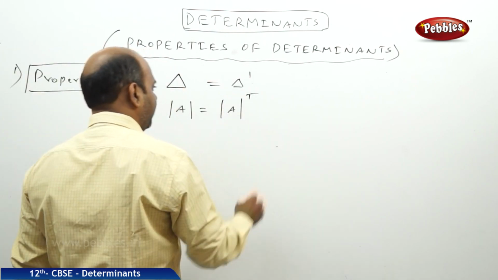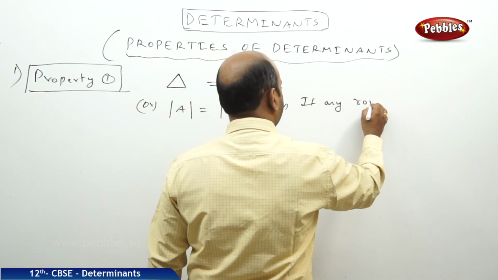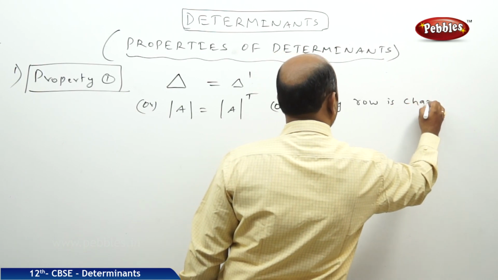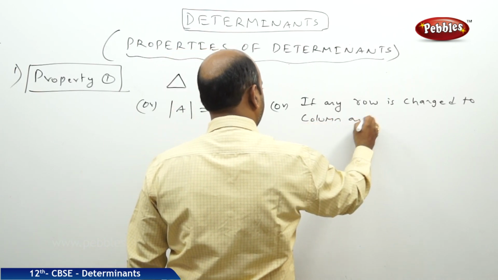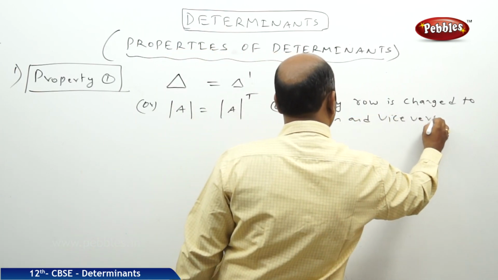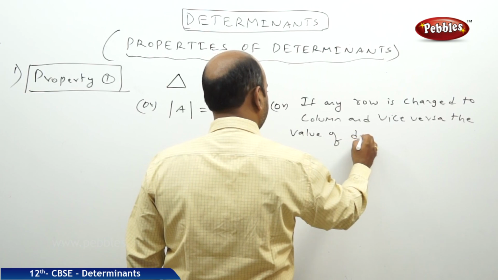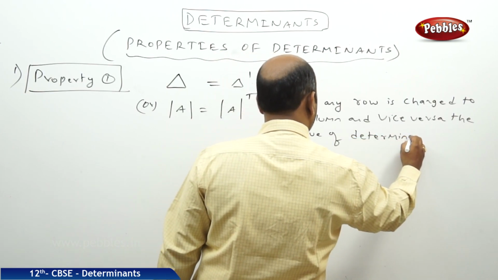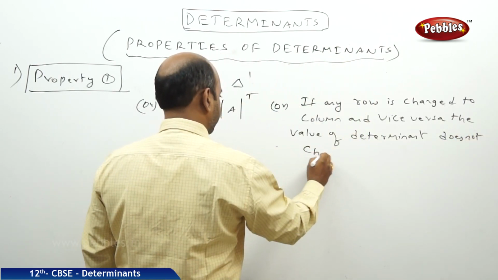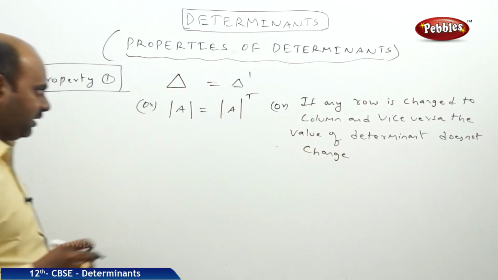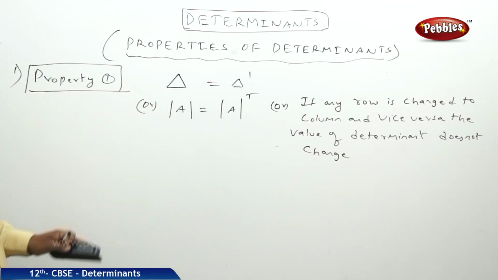In our language, if any row is changed to column and vice versa, the value of the determinant does not change. That means det A is equal to det A transpose, or delta is equal to delta dash.